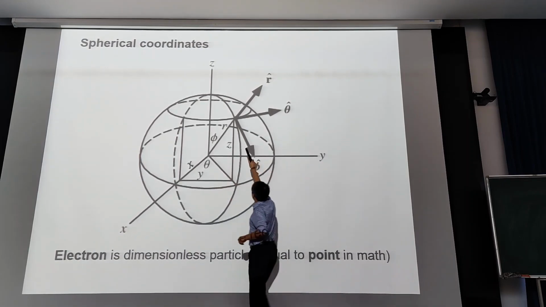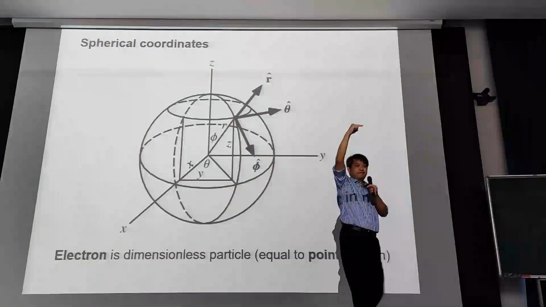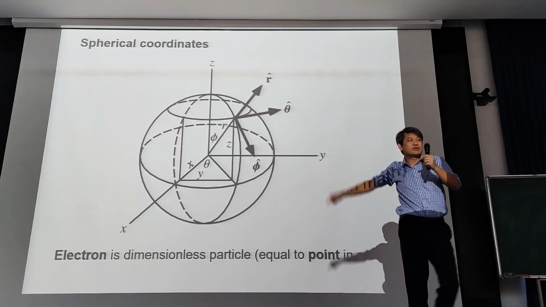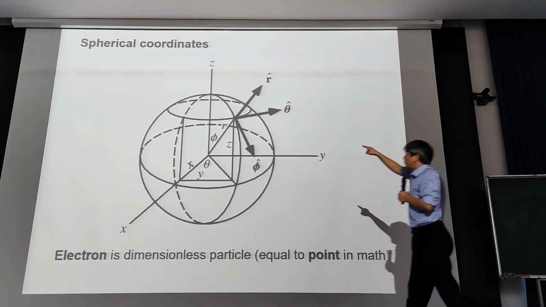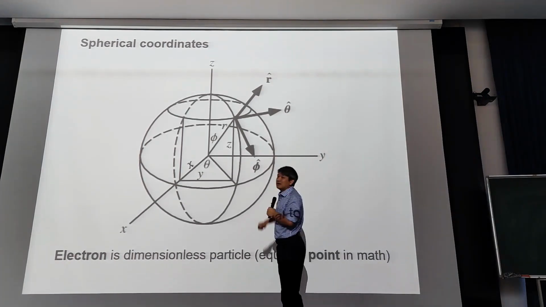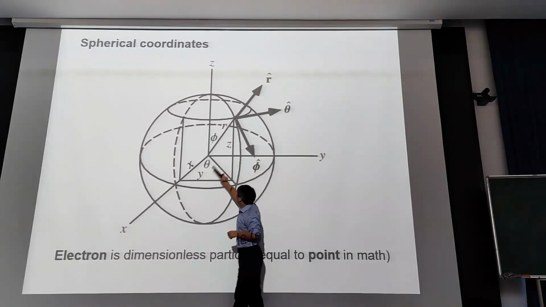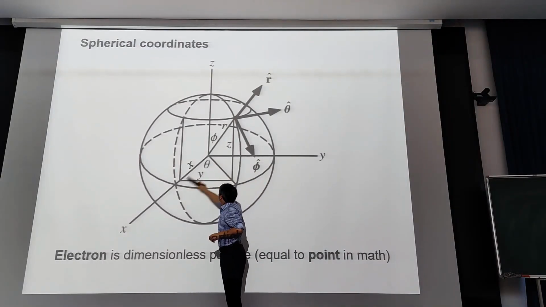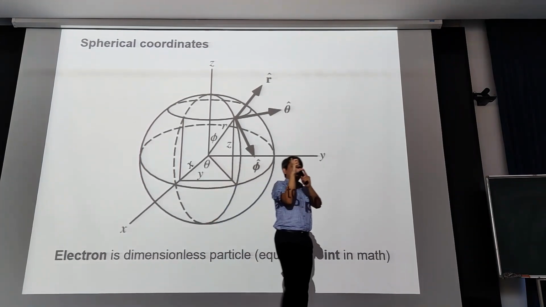And here in this point, you have electron which stand far from the nuclei and it moves around the nuclei. So you can describe the position of this electron by using this spherical coordinate, right? So you can describe this point by x, y, and z, okay? And also the angular.